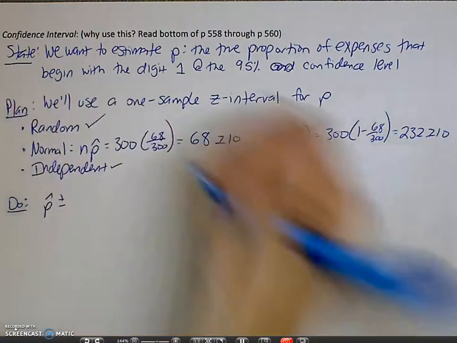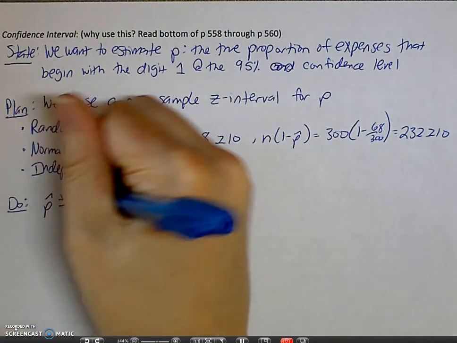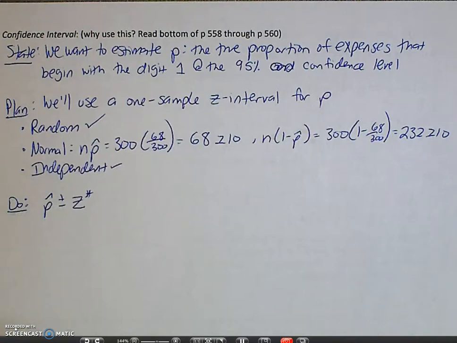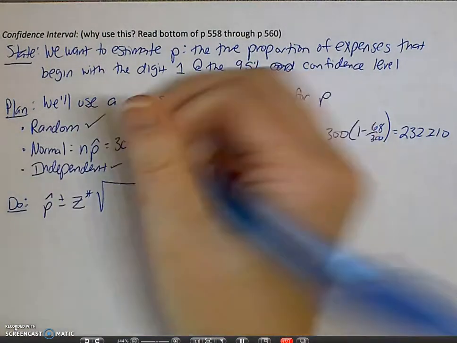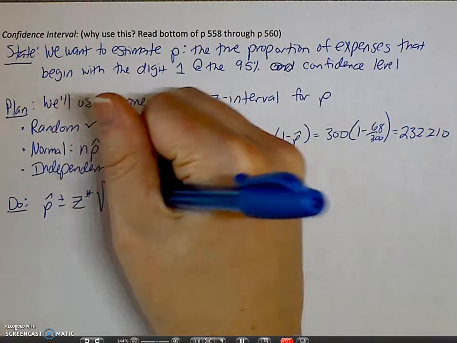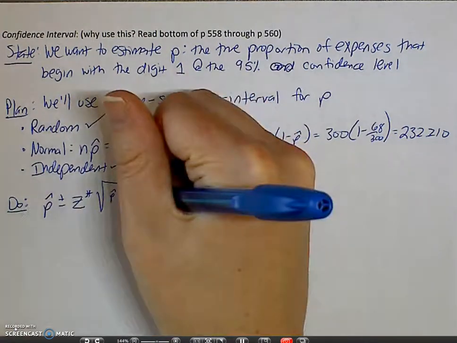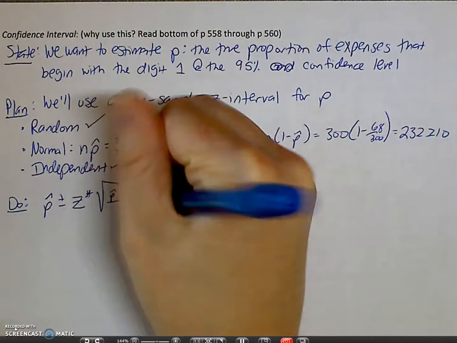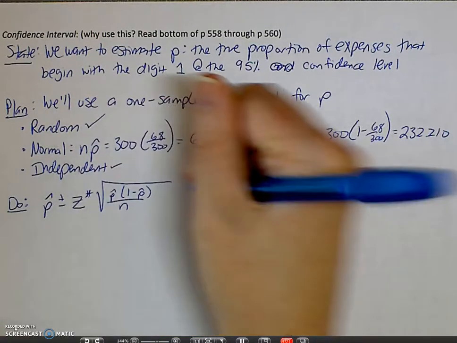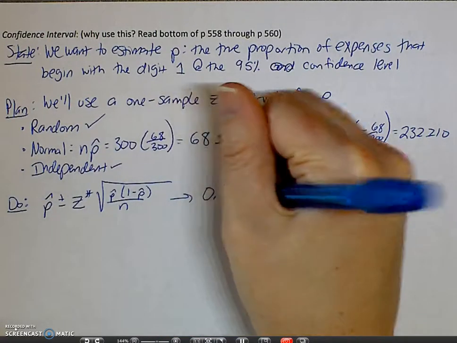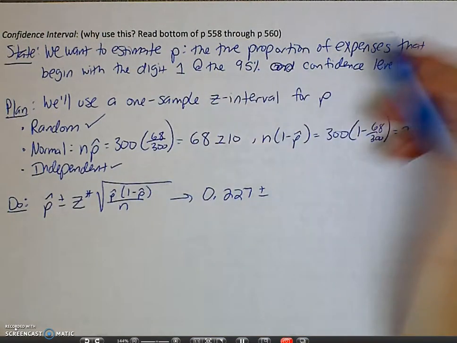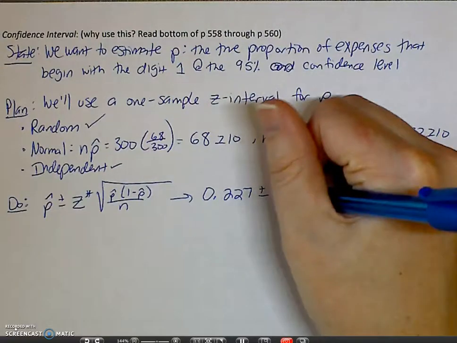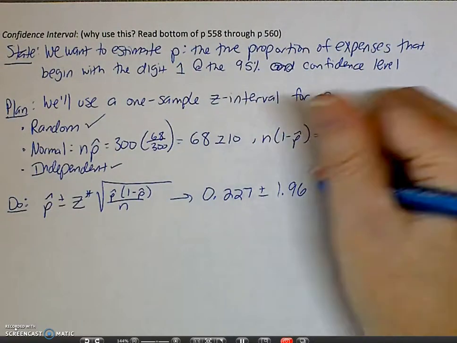So, remembering from way back when, we start with our statistic, and add or subtract my critical value times my standard error, using again that p-hat value, so 0.227. The critical value for a 95% confidence interval is 1.96, if you remember that.